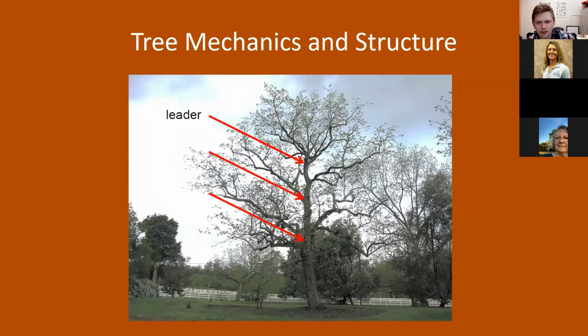And so, not just the trunk, but as you move up the main trunk, when you get into areas where there are branches and other trunks, you want to think of the main trunk. We call that the leader.